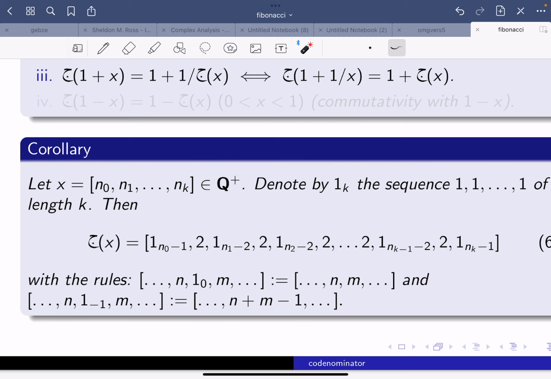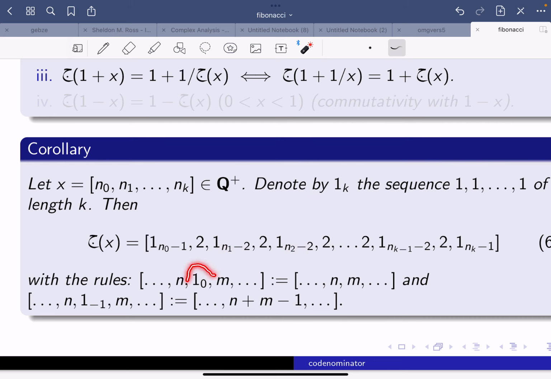So when we apply this formula, if n_1 is 1, for example, then I'm going to get 1 minus 1 here, so a string of ones of length minus 1. What does this mean? And sometimes I'm going to have 0. If n_1 is 2, for example, then I'm going to have a 1, 0 here. In order to deal with these cases, we have the following rules.